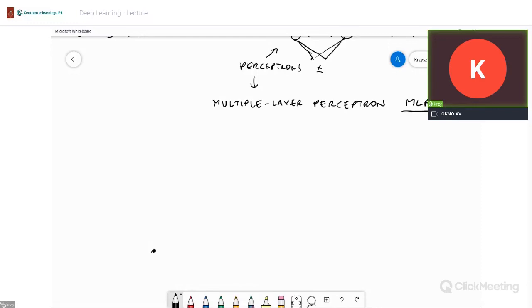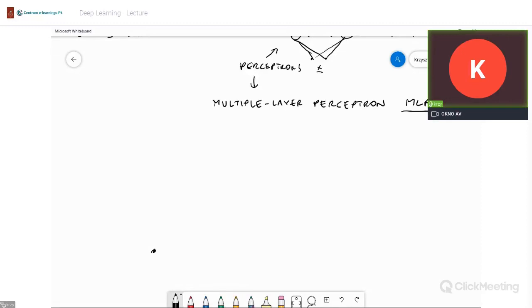But now I will be training the whole network. And I will have labeled examples, because this is a kind of problems that I am considering. I'm considering supervised learning.